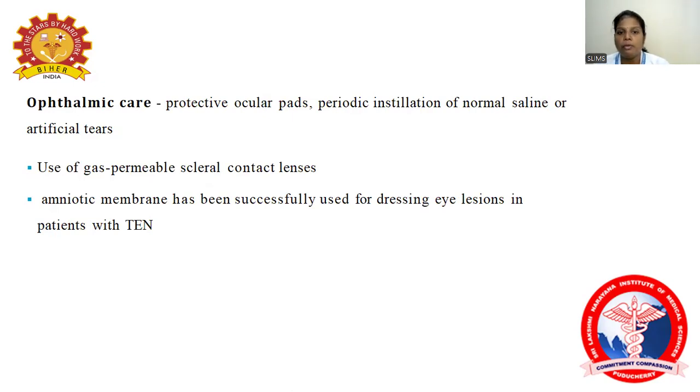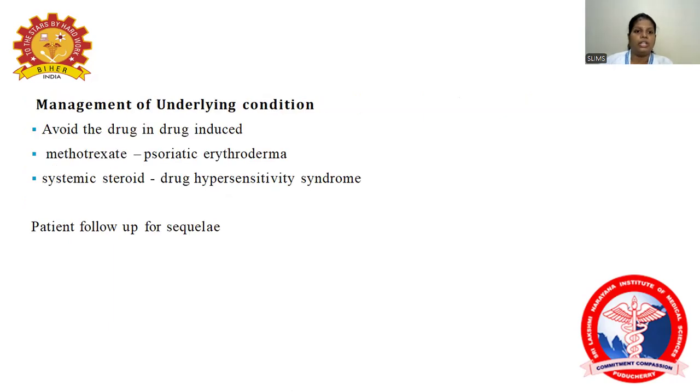Ophthalmic care, like protective ocular pads, periodic instillation of normal saline or artificial tears can be given. Use of gas permeable scleral contact lenses and amniotic membrane has been successfully used for dressing eye lesions in patients with toxic epidermal necrolysis, which occurs due to drug reaction.